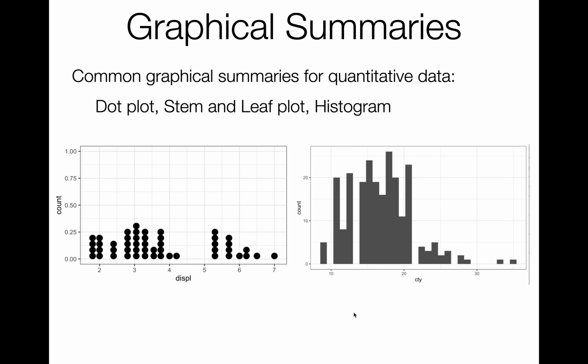This is what a histogram looks like. It looks very similar to a bar chart, except the bars are now touching each other. In a bar chart, there's some distance between the bars. Here, there's no distance, and that's for a very specific reason.